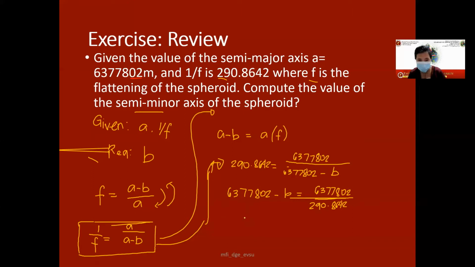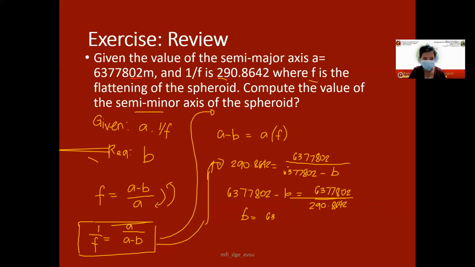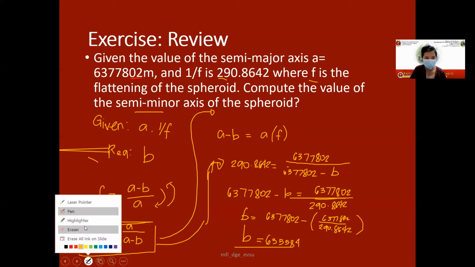This will remain B, which is now equal to 6377802 minus the ratio of 6377802 meters over 290.8642. Let me just check my answer, if my answer is correct, if this is equal to 6355874.922. So just check if we have the same answer.